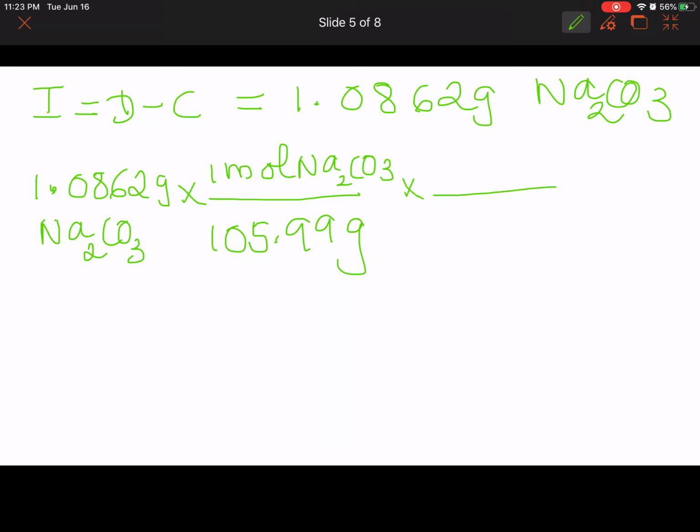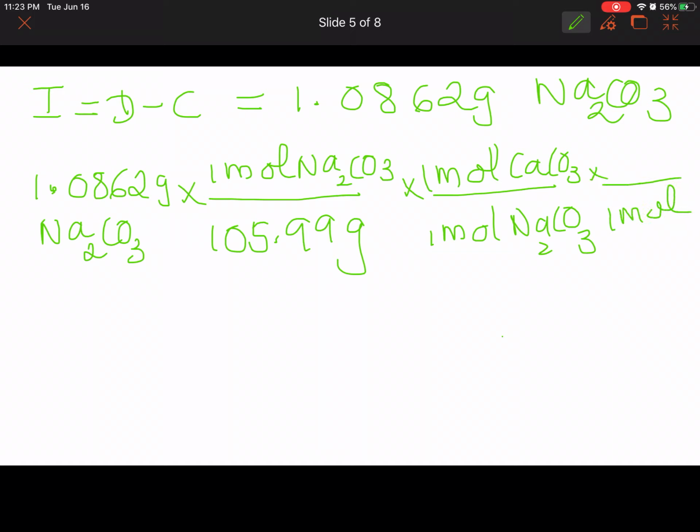And then you use the molar ratio, which is 1 to 1. 1 mole sodium carbonate gives you 1 mole calcium carbonate. And then you convert that into grams. 1 mole calcium carbonate is the molar mass of calcium carbonate, which is 100.09.